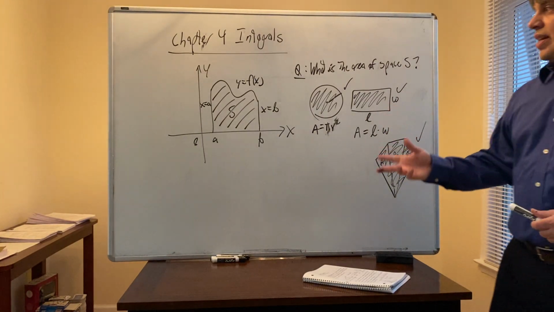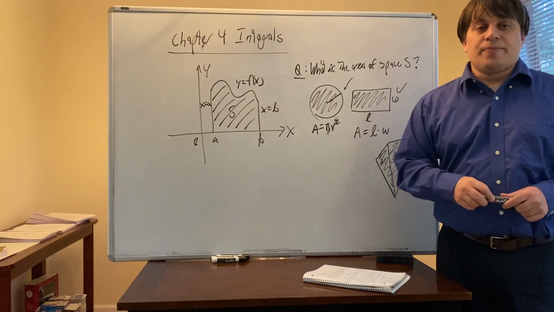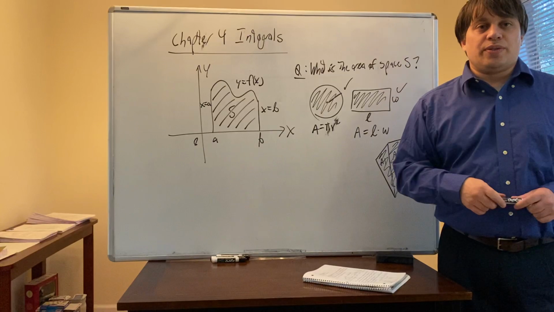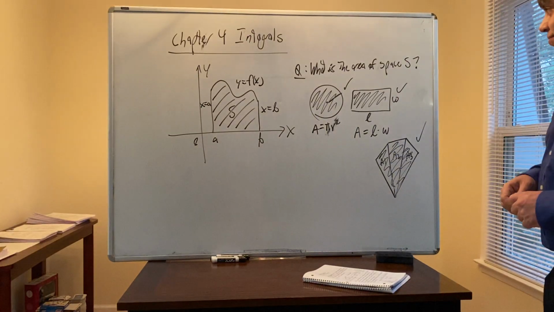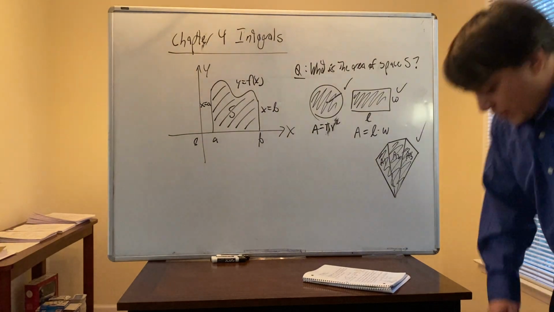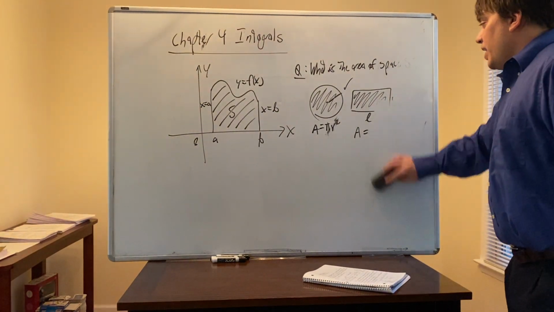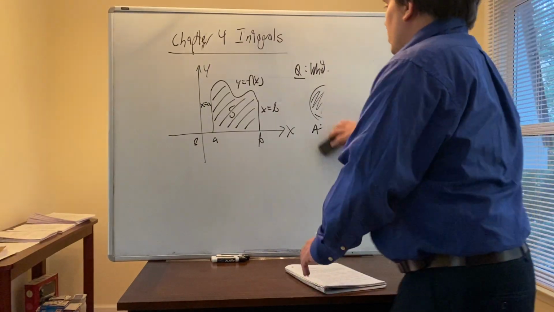Calculus answers that question. Calculus answers the question, how do you find the area of things like this? And we use what are called integrals to do that. Okay, so let's do that. We're going to find the area of spaces that are a little bit weird.